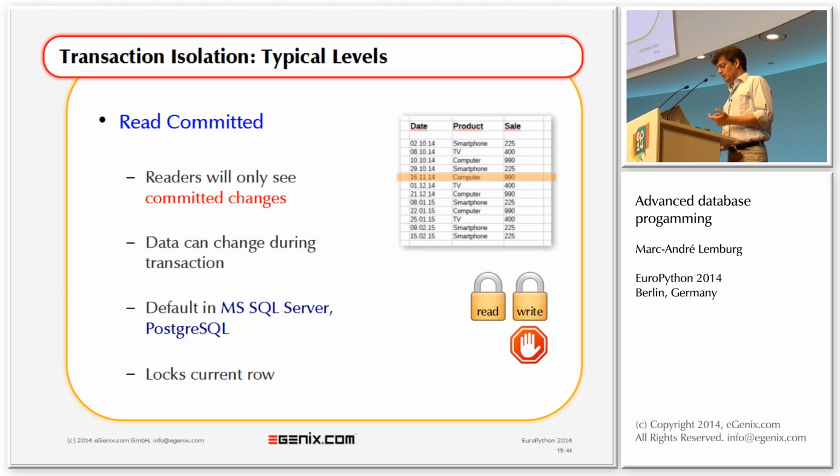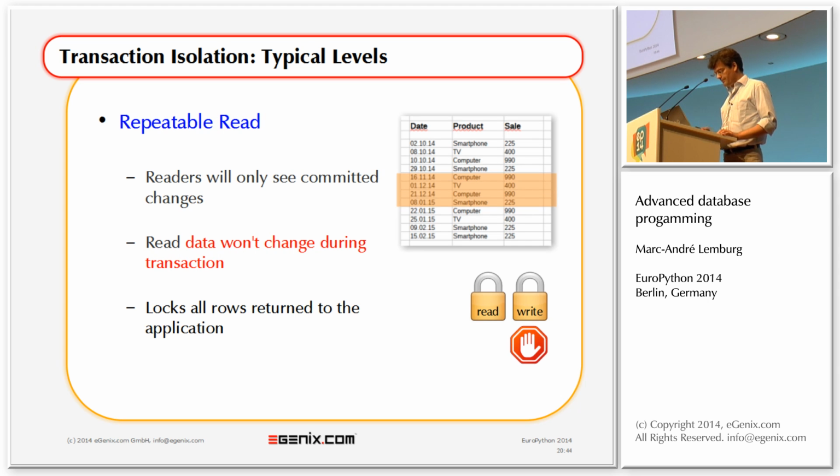So if some other transaction has written to that row, that other transaction will have put a write lock on the row, and the write lock is only removed if the transaction is committed. So if the other transaction has committed the change, then you can actually go ahead and read this row. So this is basically you just looking at one row.